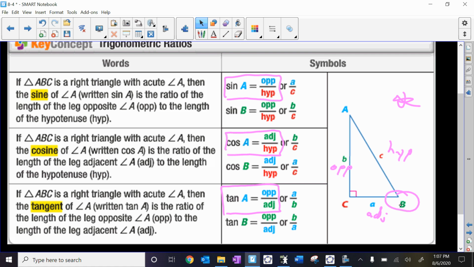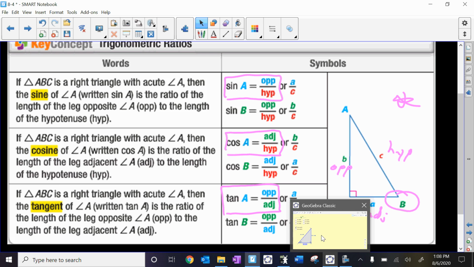We dealt with specific ones in the last lesson, but now we're focused on all right triangles that have certain angle measures. So just to help you understand what these functions actually mean, we know that they mean a ratio, like opposite over hypotenuse, adjacent over hypotenuse, and opposite over adjacent, but I want you to specifically see it.